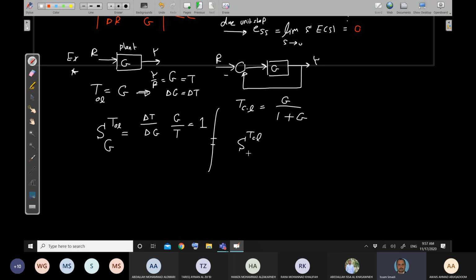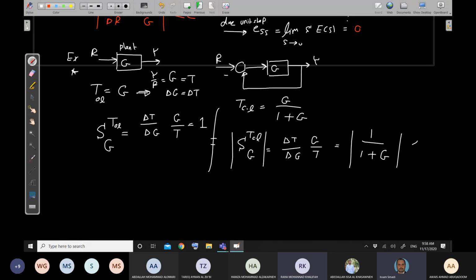T closed: delta T over delta G, then G over T. If you do the math, this will equal 1 over 1 plus G. As an absolute value, this is less than 1.